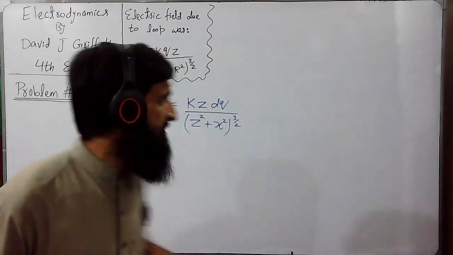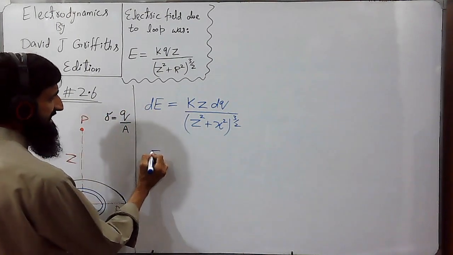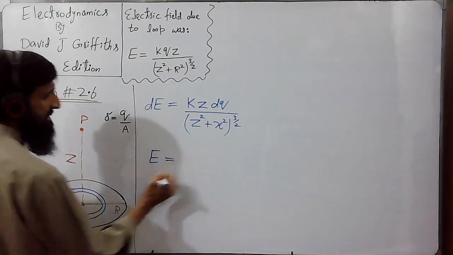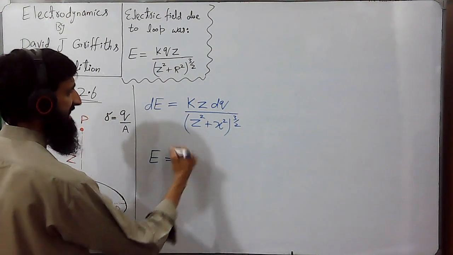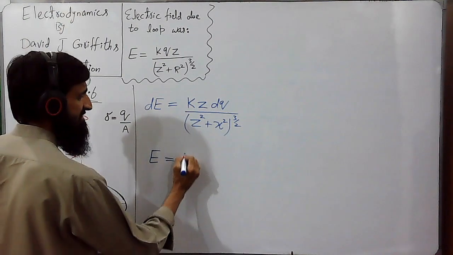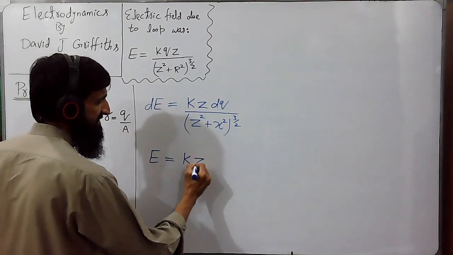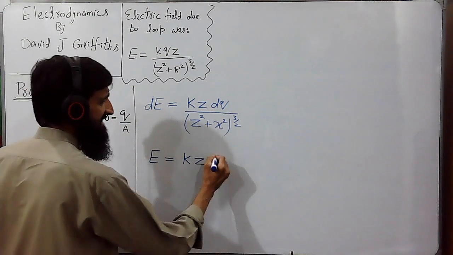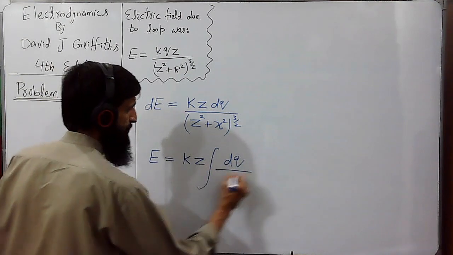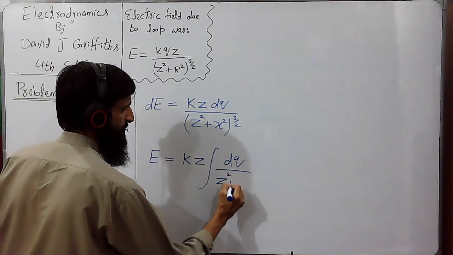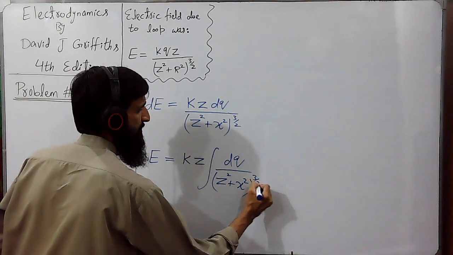So if I integrate the left hand side, it becomes the complete electric field E due to the disk. On the right hand side we know k is constant, so it is written outside the integral. z is constant, so it is written outside the integral, and dq is written inside the integral: dq divided by (z square plus x square) whole power 3/2.